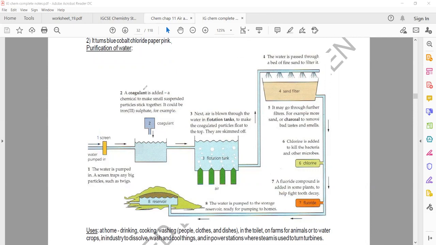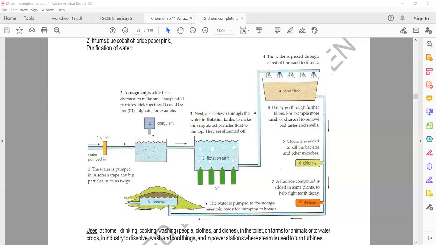Then the second process is coagulation. We add aluminum sulfate or iron sulfate, because this water contains fine particles. It is difficult to separate them and difficult to filter, because they are able to pass through the filter paper.